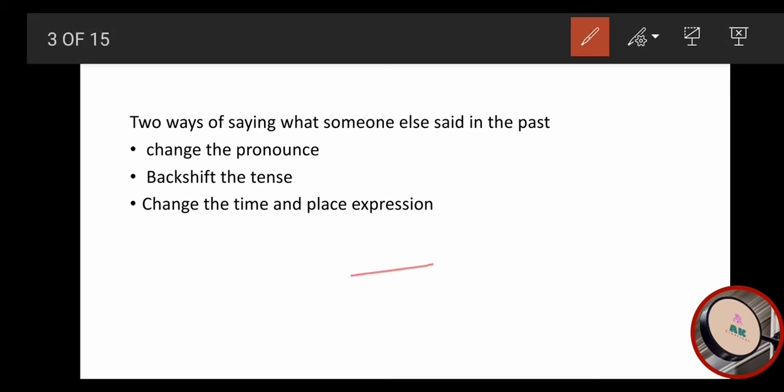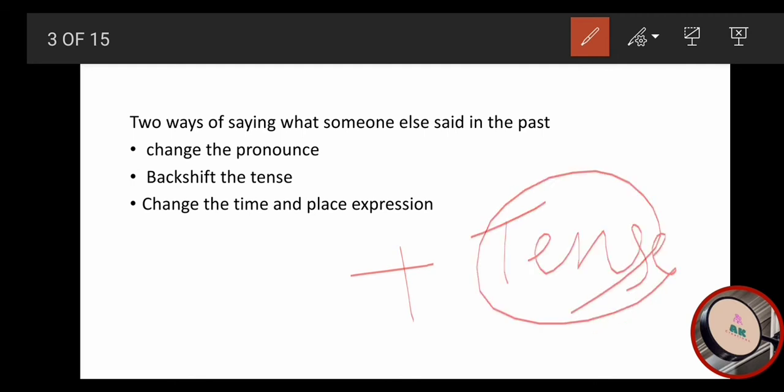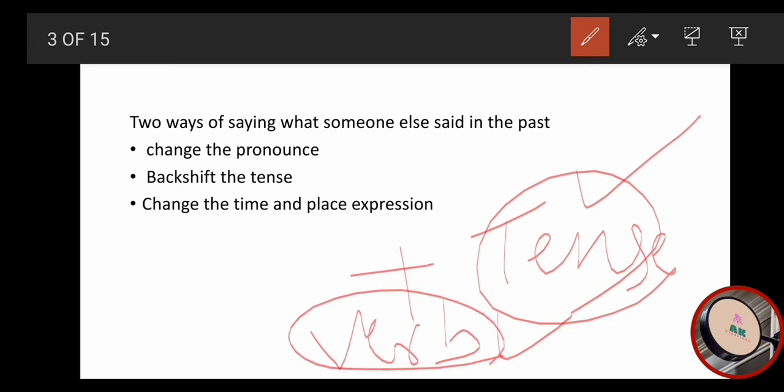Plus, you should know the tenses, how many tenses there are, and which type of verb. So you should be aware of the tense as well as the verb. These two are very important. The verb is just like an engine for a car, and without an engine the car is not supposed to work, right?